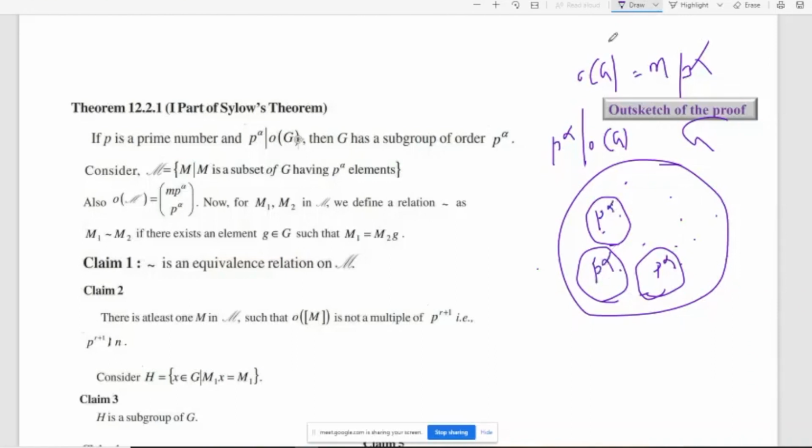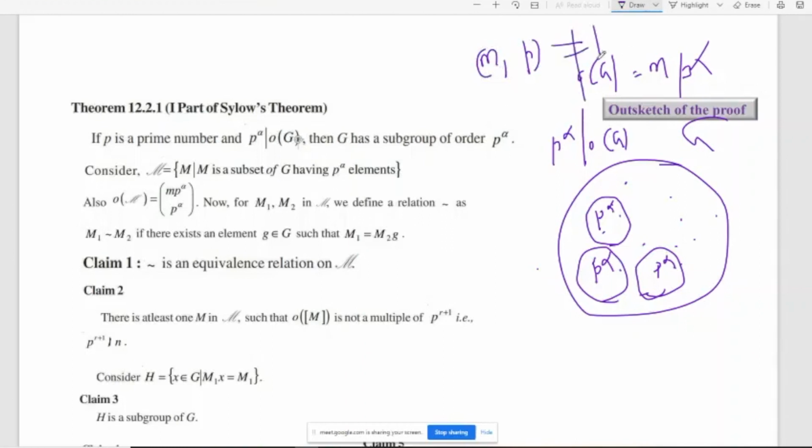So you may think that if you have the order of G to be m into p^α, there will be just m such subsets only. But there is no guarantee for that. The reason is I can have m and p to be relatively prime, or they are not relatively prime.